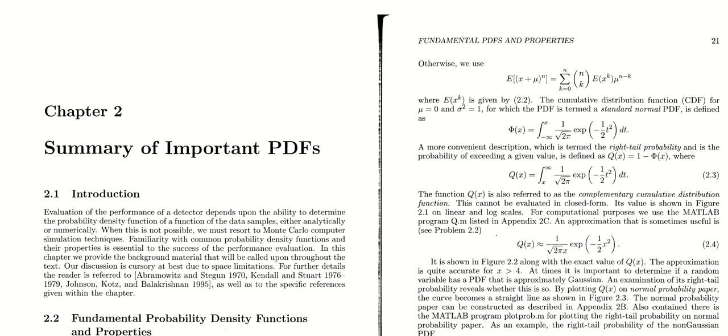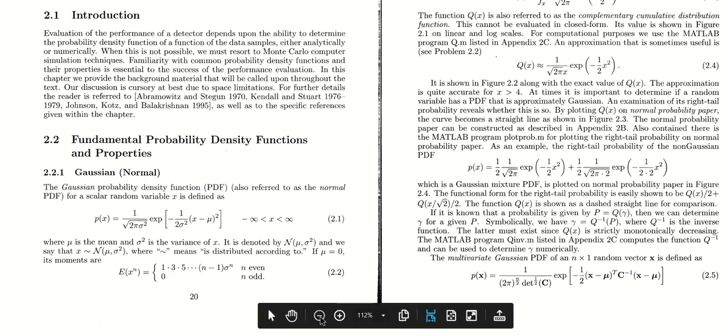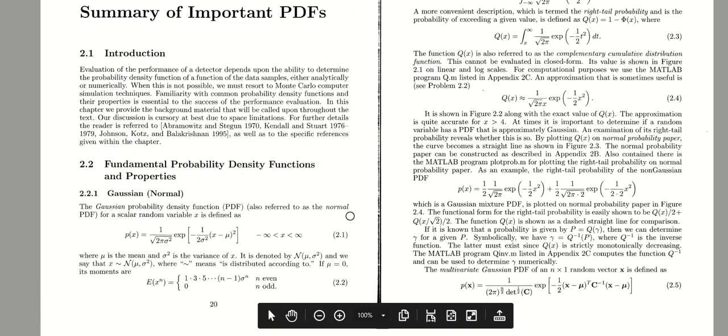Just for the convenience of your reading, this is the Steven Kay textbook, volume 2, detection theory, and it's chapter 2. We are at the beginning of chapter 2, that is page 20.